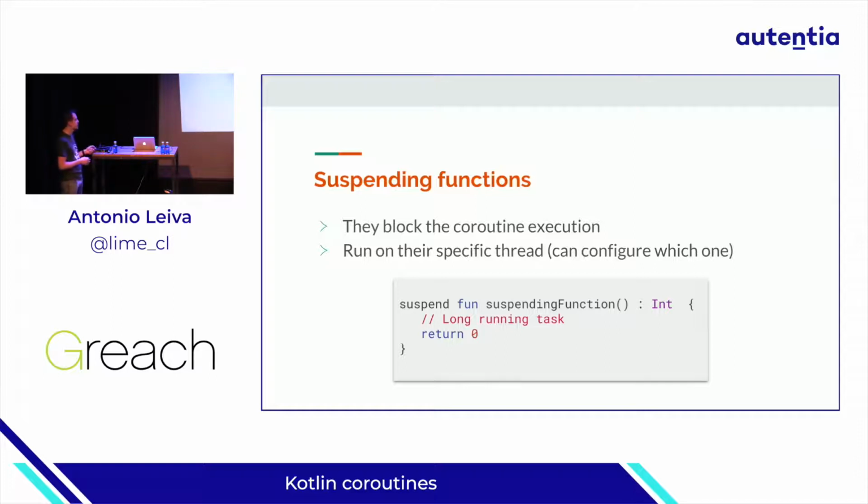And this is the way to write a suspending function in Kotlin. It's like a regular function, but we use the suspend reserved word at the beginning. With that and some other things that we need to do inside this function, we can create functions that are able to block the execution of the coroutine.